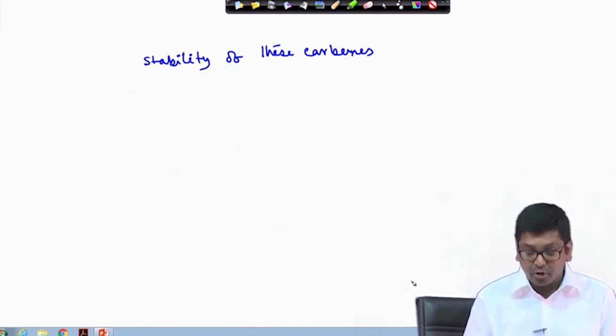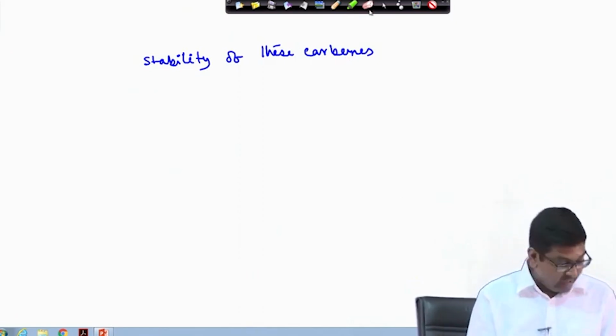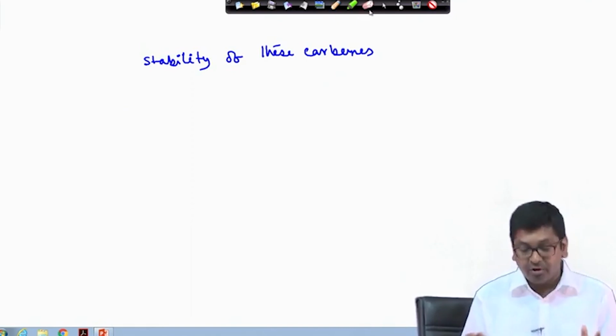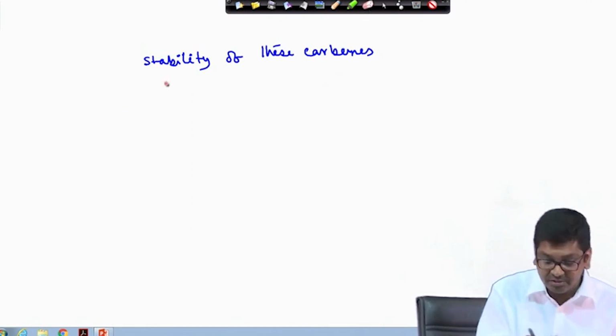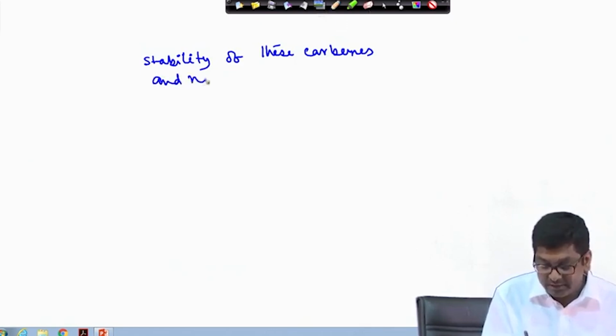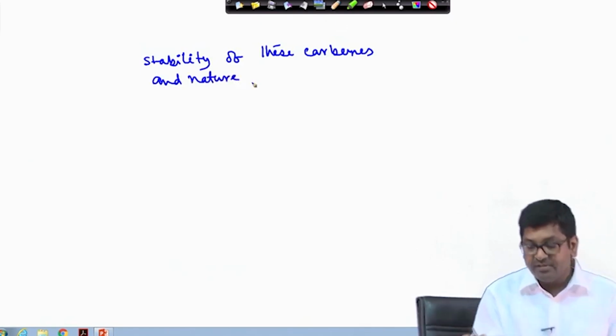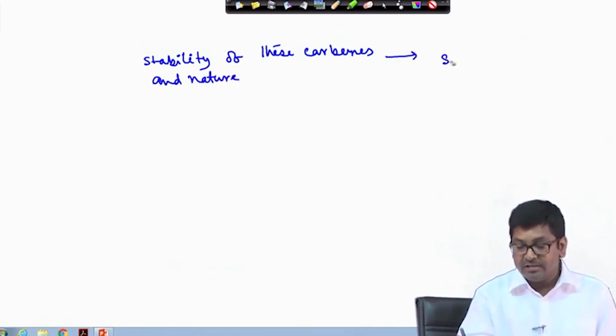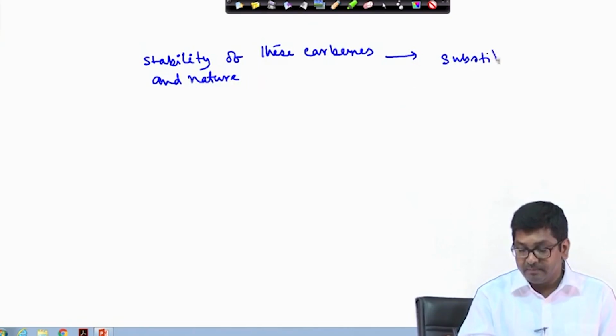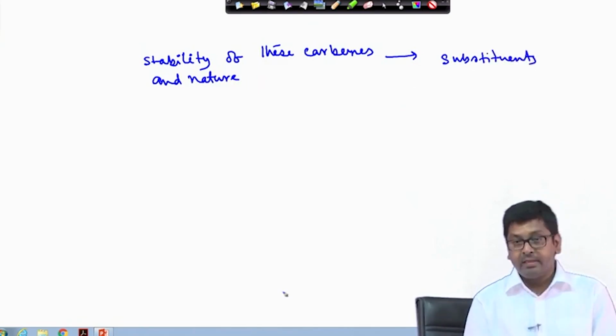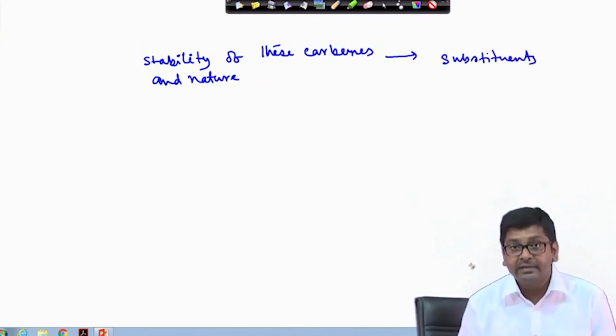Or rather I should say, the stability and nature of these carbenes depend on the associated substituents.